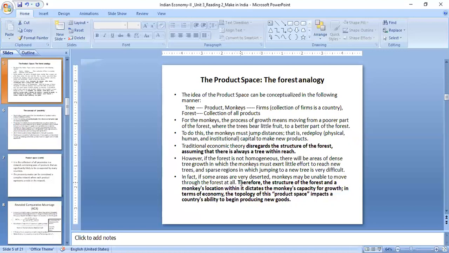If some areas are very deserted, then monkeys may be unable to move through the forest at all. So the structure of the forest and the location of the monkey within it is going to dictate the capacity of the monkey to grow. That is, the topology of this product space impacts how much a country is going to be able to begin producing new goods, how easy or how difficult it is going to be for the country to venture out into new products.